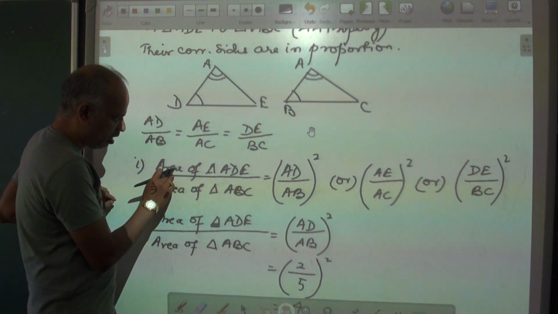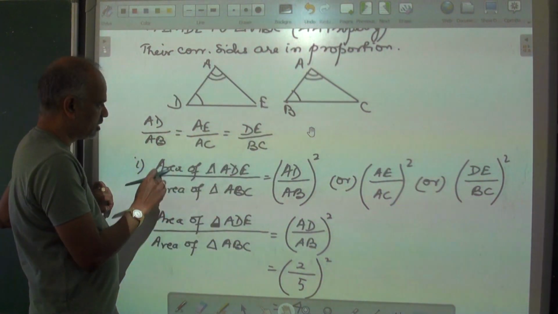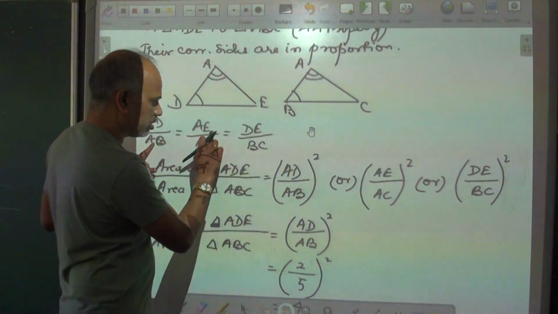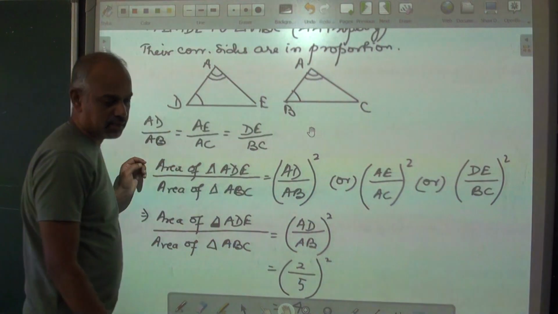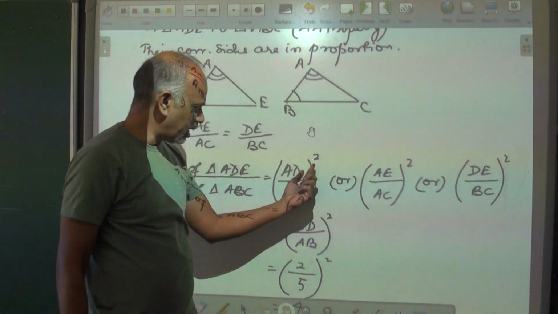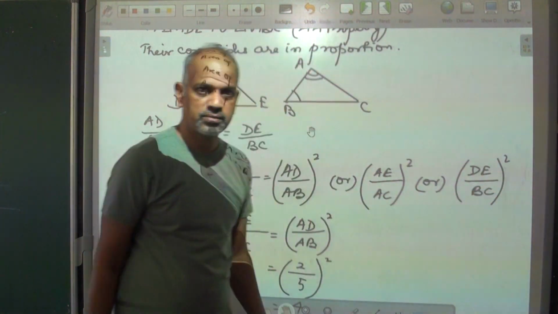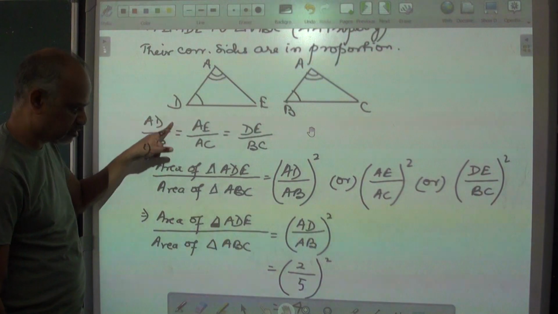So area of triangle ADE by area of triangle ABC is, take either this or this and square them. That's why I have written this square or second one square or the third one square. Whichever is known, that you have to use. And you know that this is known.